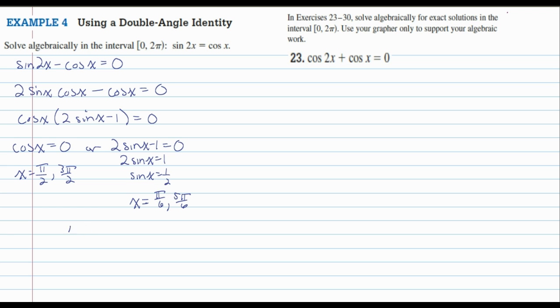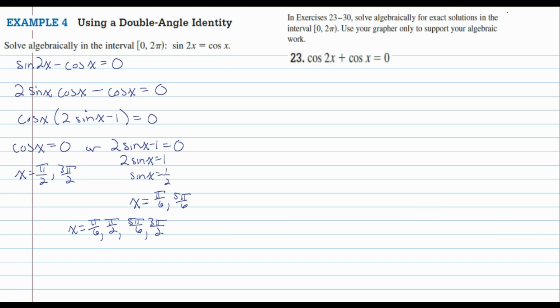So usually your book will write these in increasing order. Going around the unit circle, the first angle I would hit is pi over 6, then pi over 2, then 5 pi over 6, then 3 pi over 2. So those are my x values where the sine of 2x does equal the cosine of x, in increasing order.